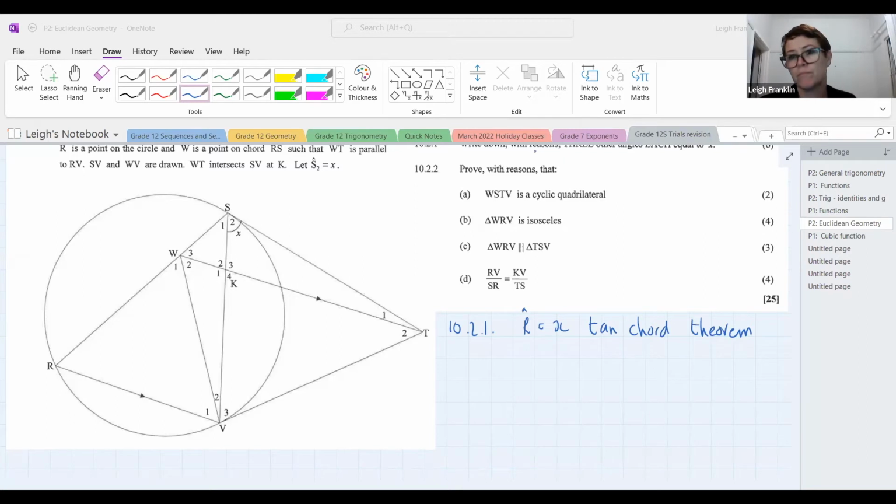Yes, Cornelia, you said W2. Nope, it's W3. She's quite right that it is W3, not W2. W2 is going to end up being equal to X as well, but it's not equal yet because we haven't proved that WSTV is a cyclic quad. It will end up being equal to it, but you can't prove that at this stage.